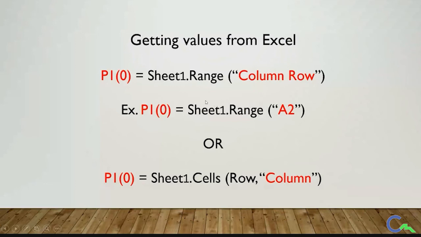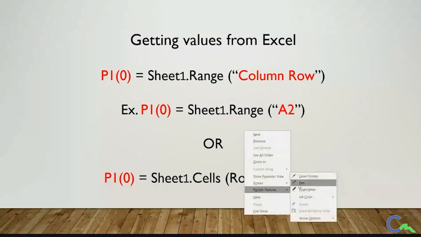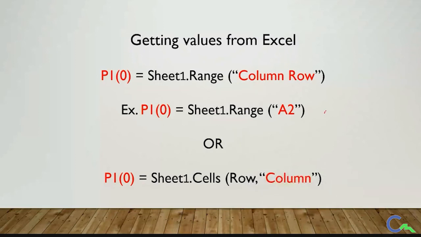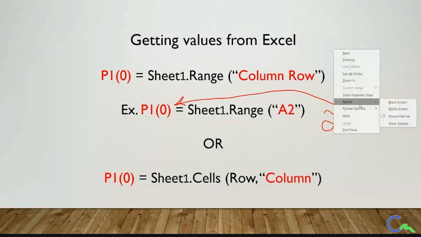So what happens at this point is, the value which we saw, that was 200, will jump into this P1 of 0, into this V1. So P1 of 0 will get this value of 200 from the Excel directly. That is what we are doing here, extracting the values from Excel.